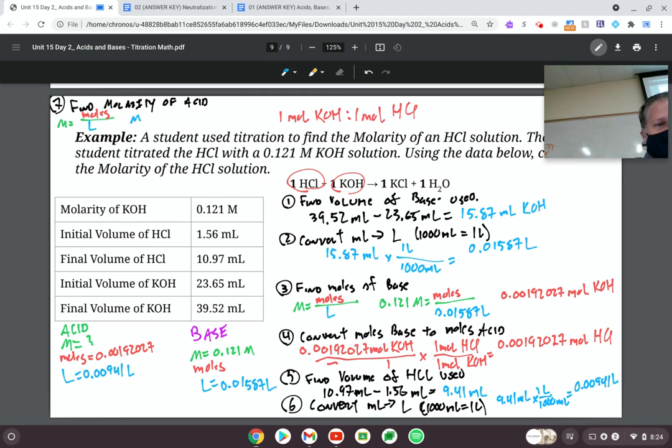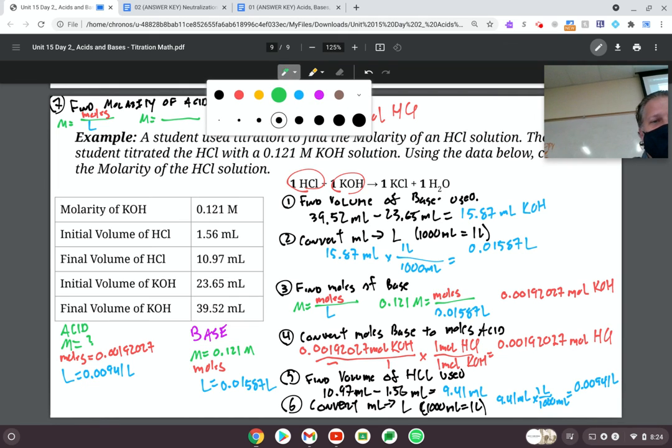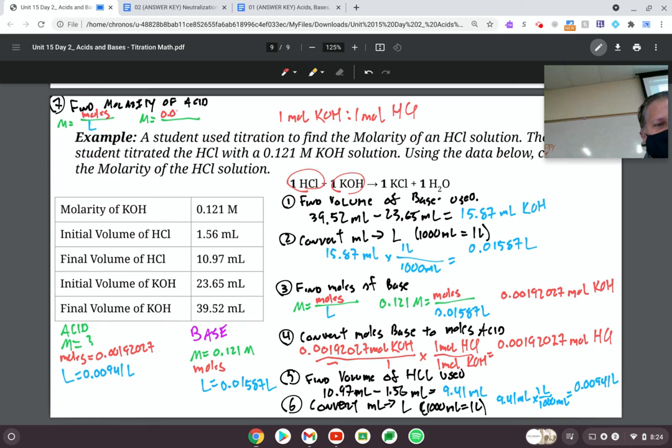So we figured out the number of moles of acid to be 0.0019227 moles.